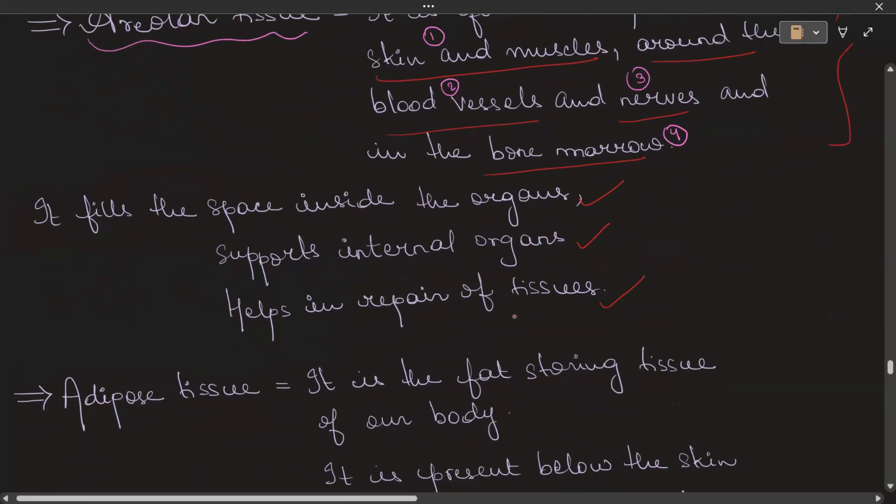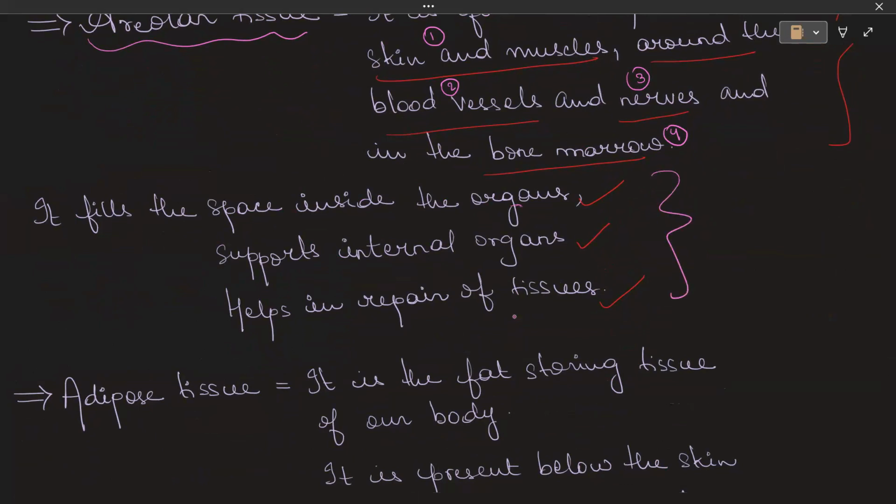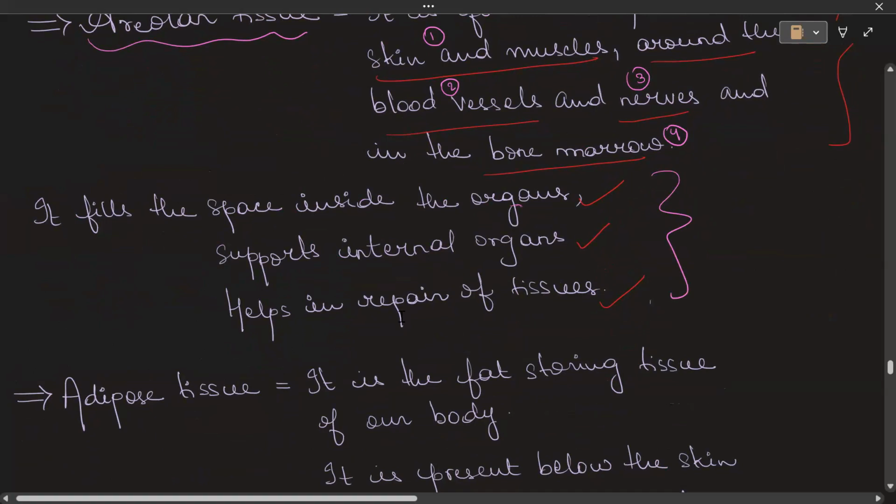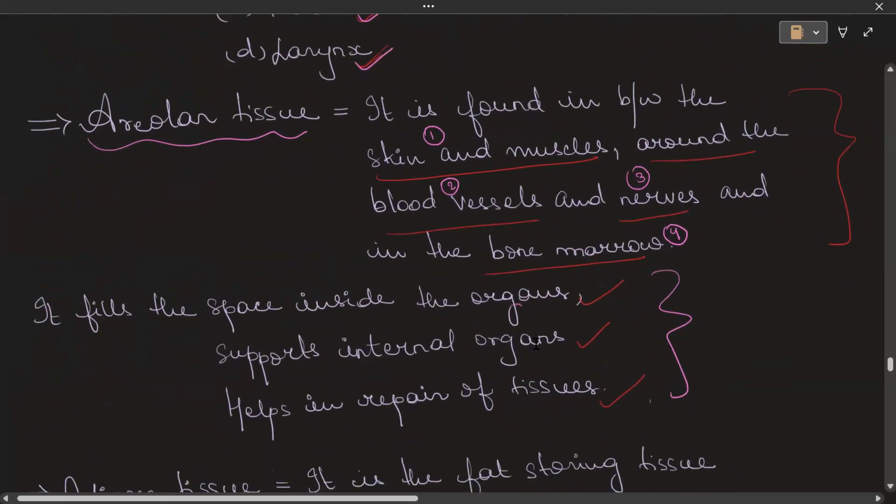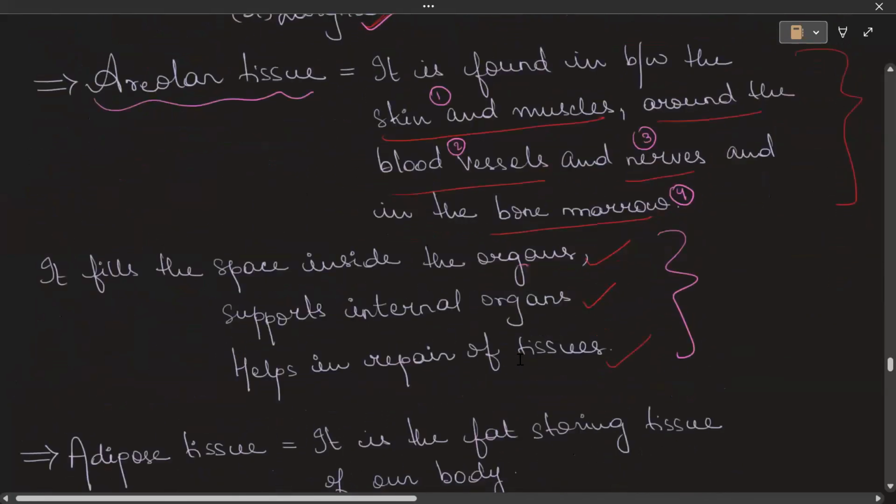The areolar tissue fills the space in between the organs, meaning inside the organs the space is filled with areolar tissue. It supports the internal organs and it helps in the repairing of tissues. These are the functions of the areolar tissue. Is it clear to everyone? Yes, ma'am.